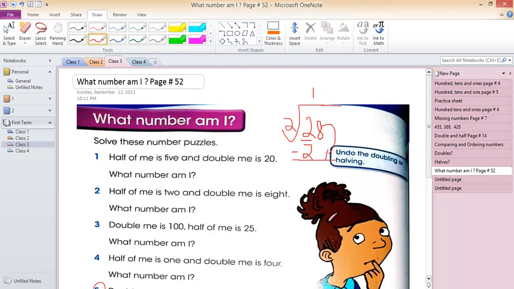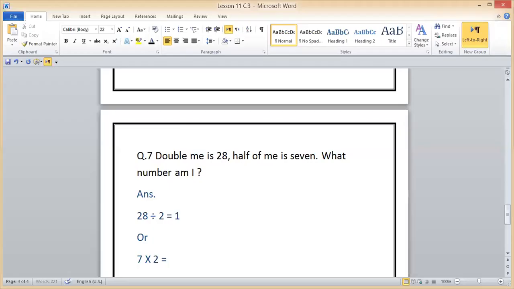Then this 8 will go down. 2 fours are 8. 8 minus 8 is 0. So 28 divided by 2 equals 14.